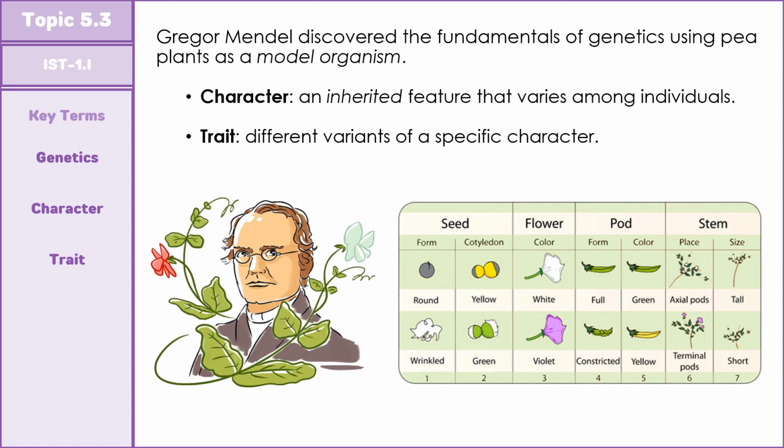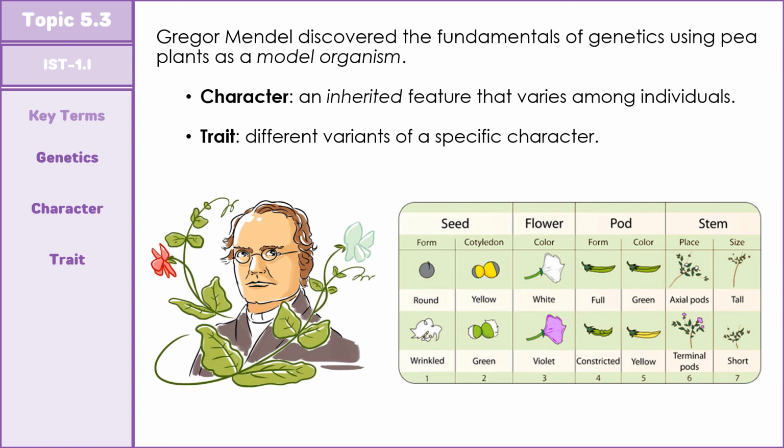But it was in this investigation that he was really looking at characters, or what we would call the inherited features in different individuals. And he looked at 7 different distinct characters which had different traits associated with them.